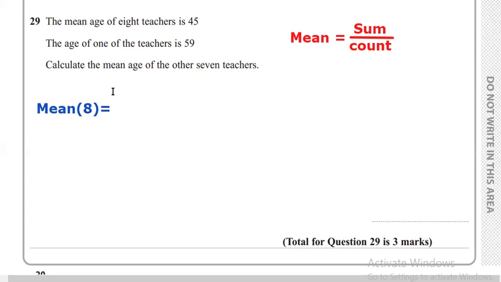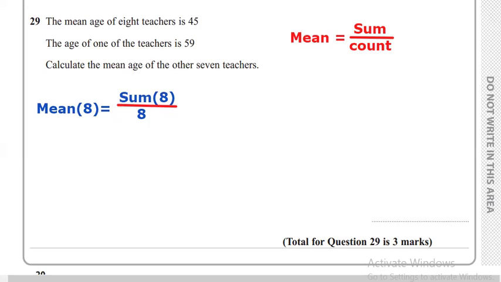The sum of ages of 8 people, divided by the count, which is 8. Now, I don't know the sum of these 8 people, that's what I need to find out. And this is the mean, which is 45.